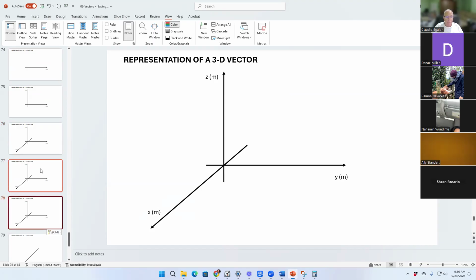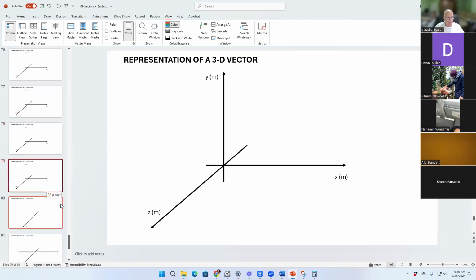Let's see what we have now. X, Z. I already did this one, right? I put the Z here. Now Z, X, and Y. I'm going to rotate them cyclically.